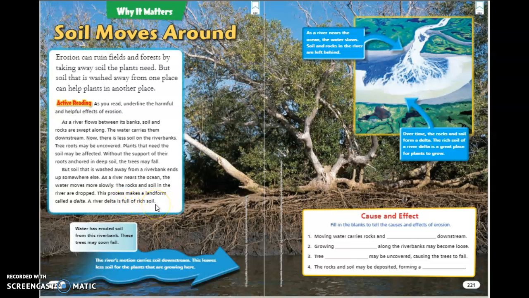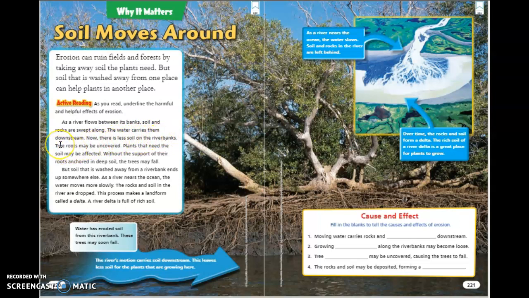In that section, you should have underlined 4 effects from the reading. Pause the video if you need to underline your 4 effects. The first effect that you should have is where it says there is less soil on the riverbanks.